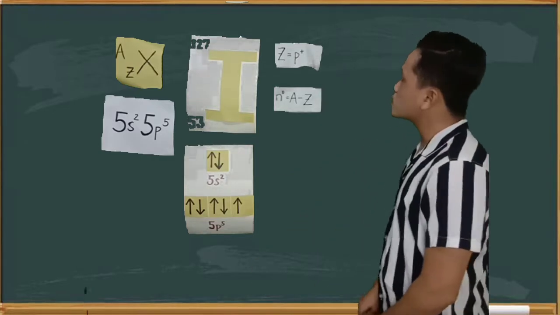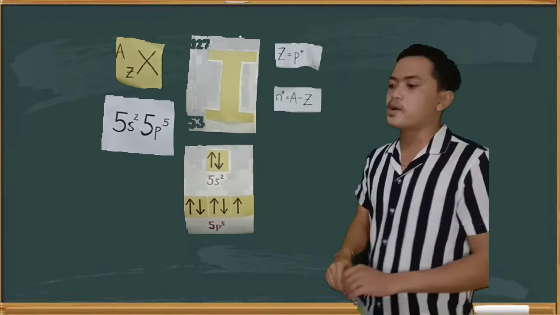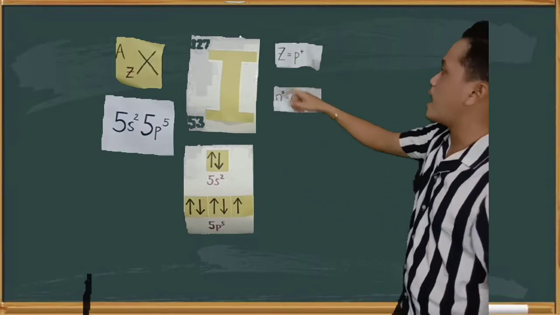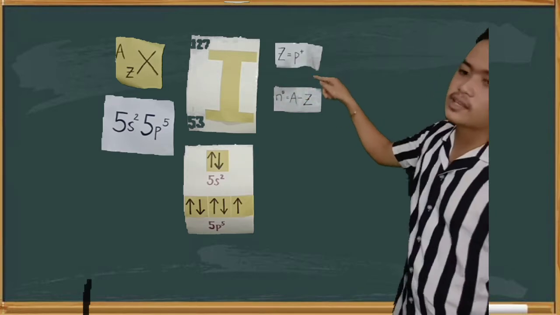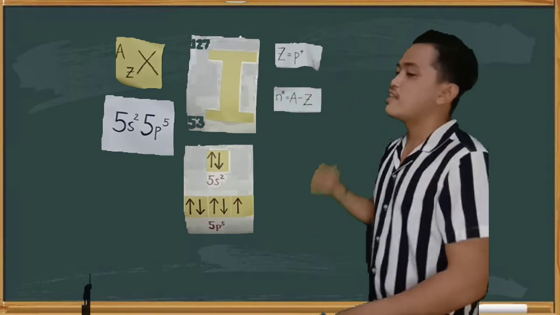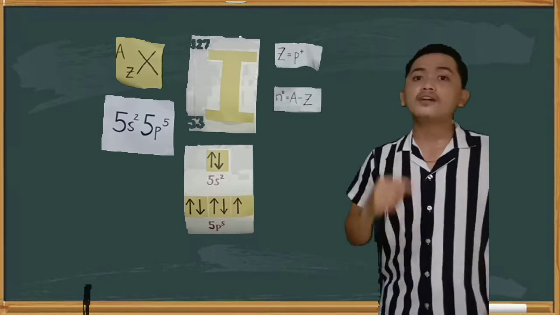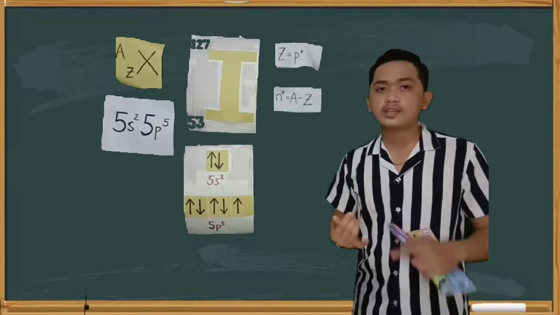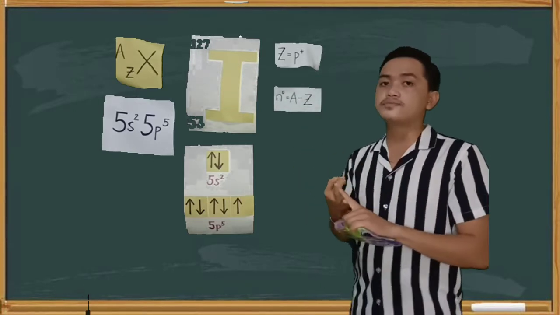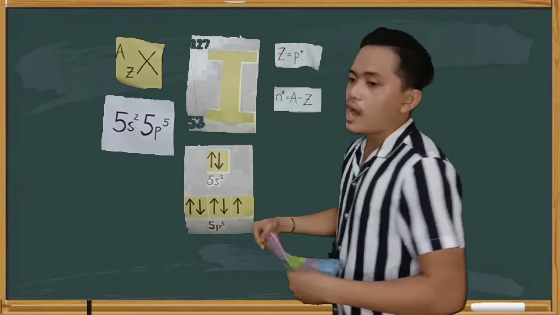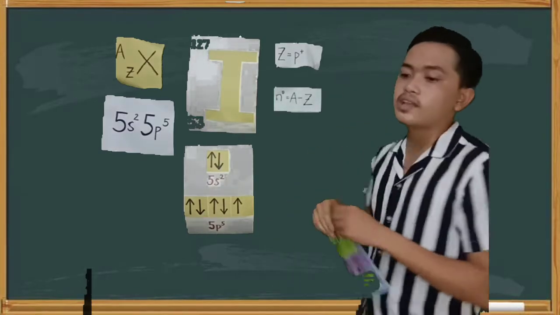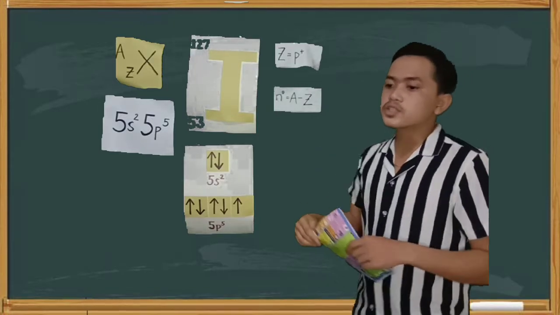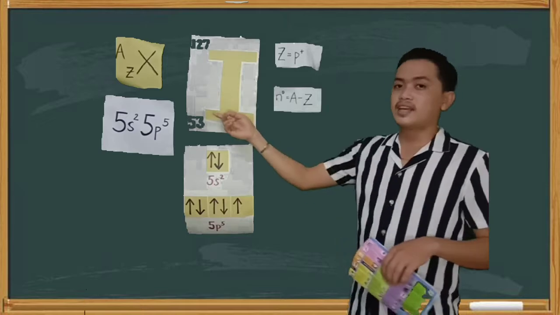In getting also the number of electrons, we can use this formula where Z equals 53, because the number of protons is the number of electrons. That is why they are neutral. So as I've said, Z can also represent the number of electrons in a neutral atom. So we also have 53 electrons of iodine.